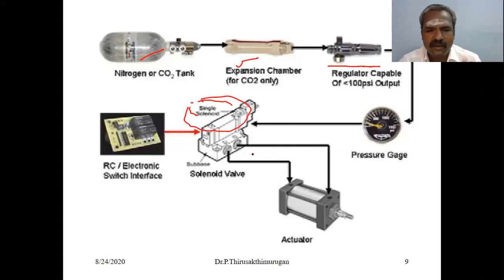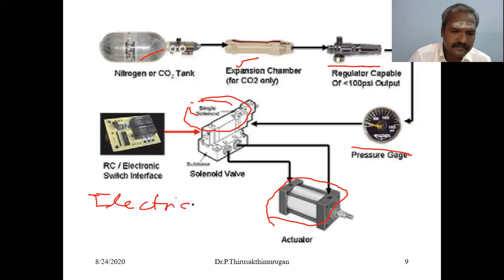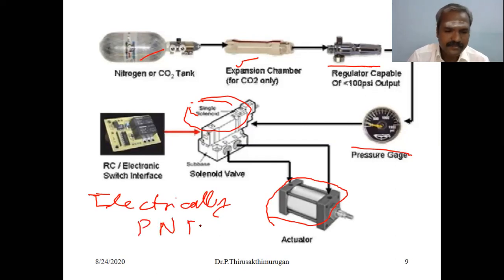We maintain pressure through the pressure gauge. The solenoid valve is attached here. This is the final actuator. So this is an electrically actuated pneumatic drive system. This is a typical connection for a robot.